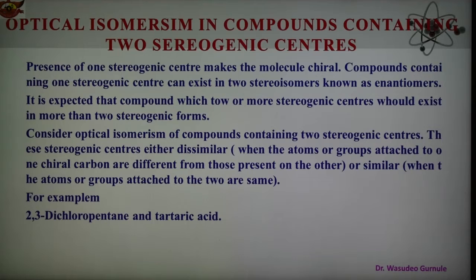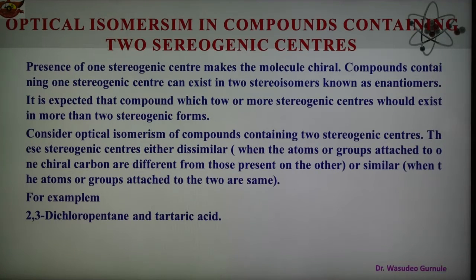Therefore we can say that a compound which contains two or more stereogenic centers exists in more than two stereoisomeric forms. The optical isomerism of the compound containing two stereogenic centers can be either dissimilar or similar.